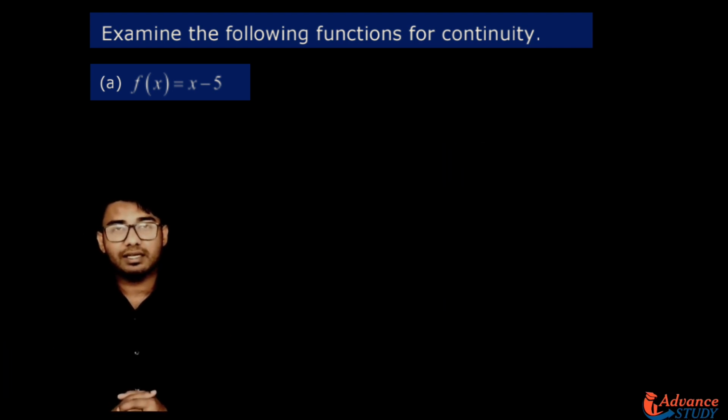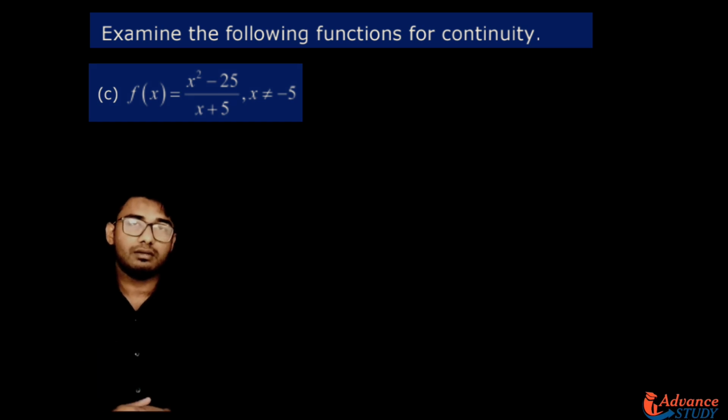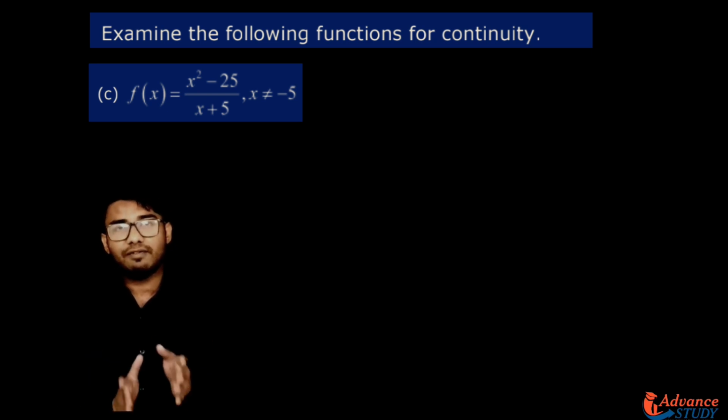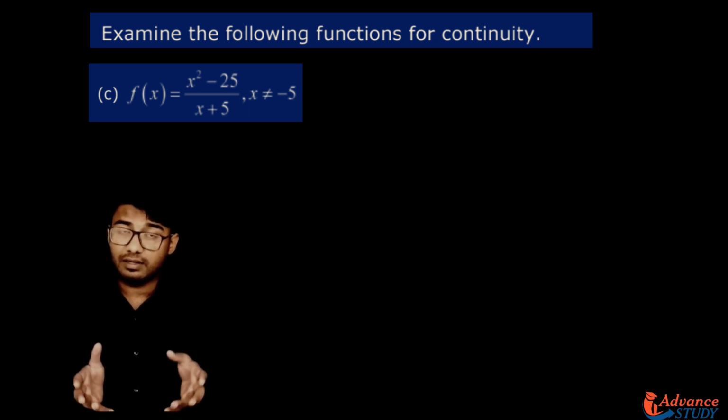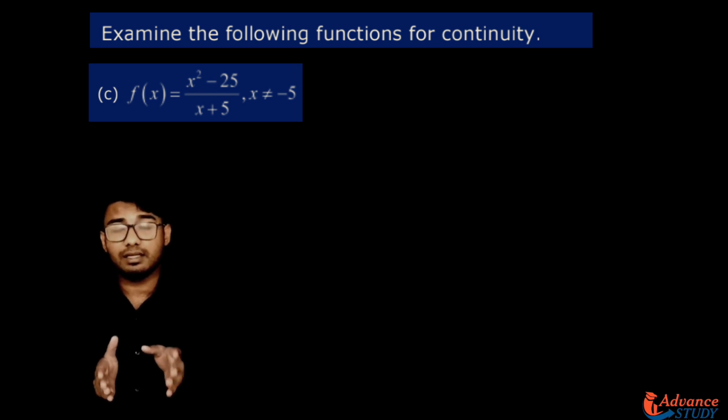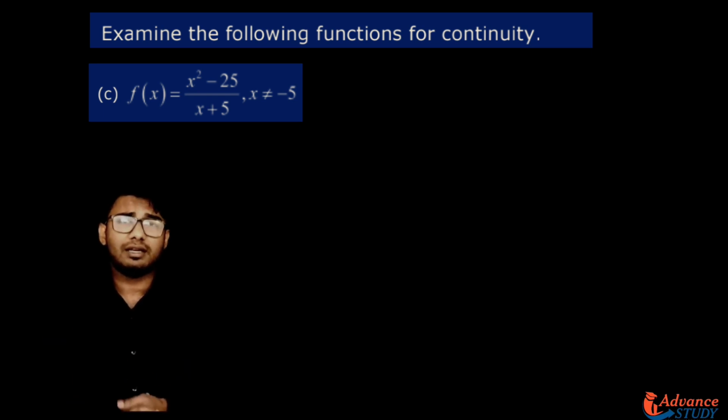Again, we take simply question number C. The function f(x) is equal to x square minus 25 upon x plus 5. We take the value at a real number c; we can take any number c.